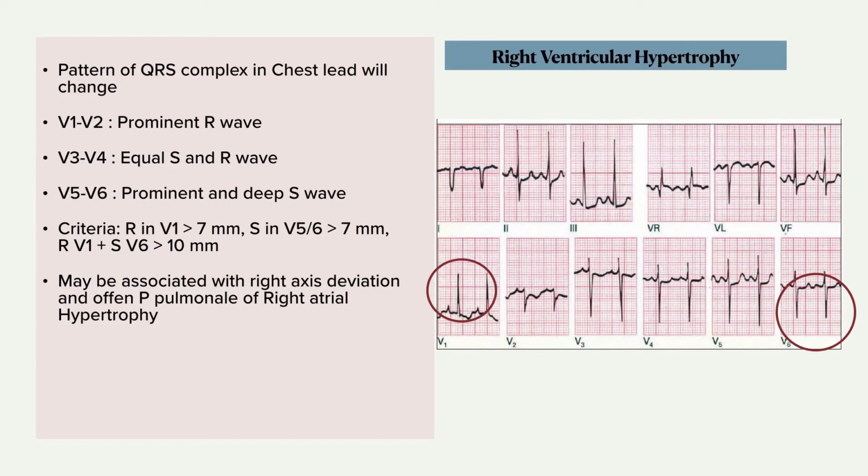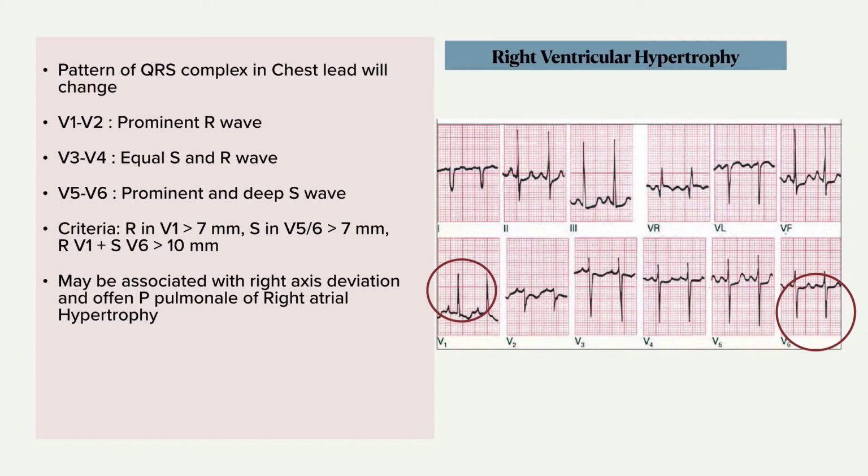The criteria of diagnosis are: R in lead V1 is greater than 7 mm, S in lead V5 or V6 is greater than 7 mm, or addition of both, that is RV1 plus SV6, greater than 10 mm. This ECG shows a changed pattern of QRS complexes from lead V1 to V6.